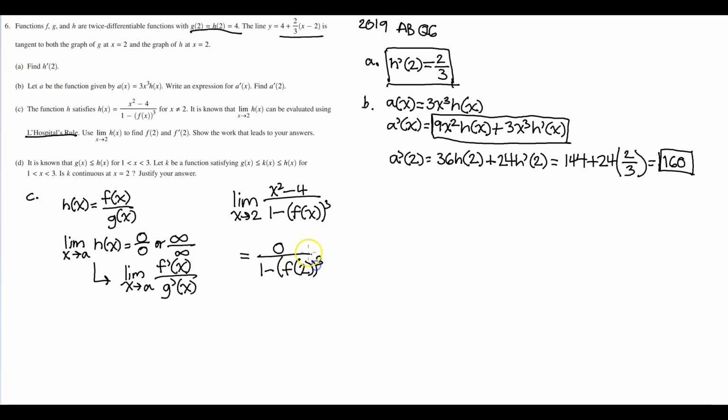We're just directly substituting. Now they give us that you can evaluate the limit using L'Hopital's rule, so this denominator must be equal to 0, because these are the only two conditions in which you can use L'Hopital's rule. So what we have to do is solve this for 0: 1 minus f of 2 cubed equals 0.